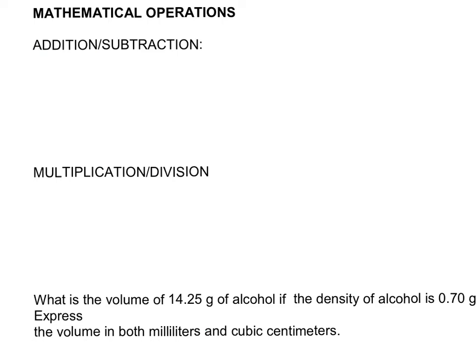So we looked at measuring, we looked at figuring out how many sig figs in an already measured number. Now we're going to look at mathematical operations. Addition and subtraction are similar, and then multiplication and division are similar. We'll start with the addition and subtraction.